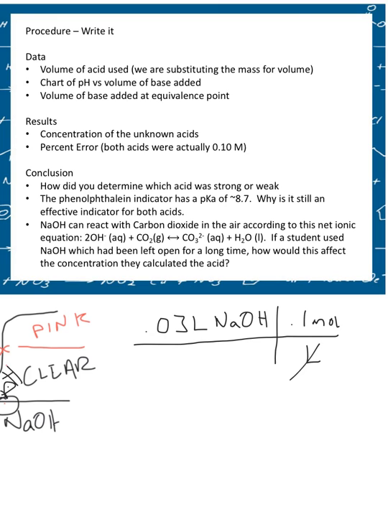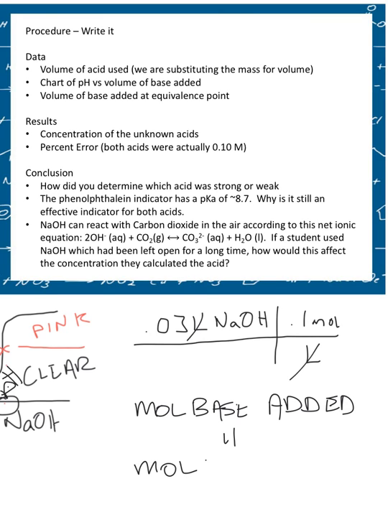So at this point, I have how many moles of base I added. The handy thing about this is in a titration curve, moles base added is equal to moles acid that were initially present.